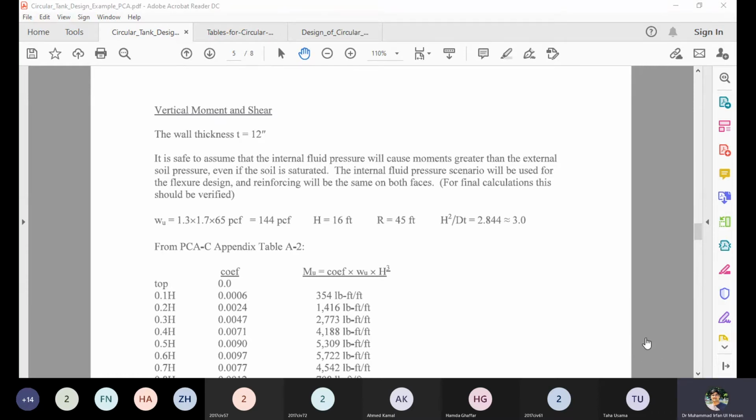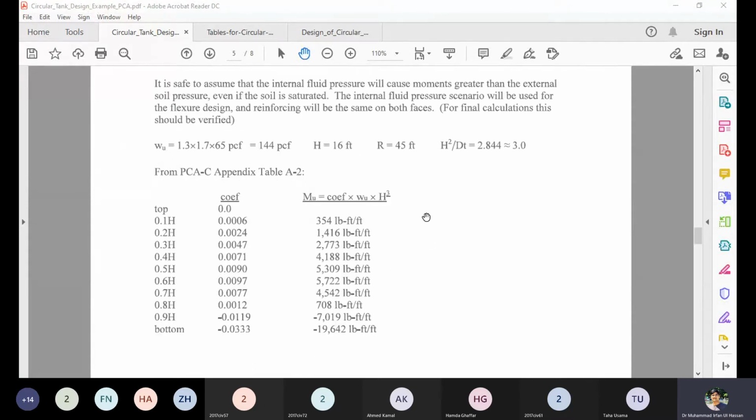So in this design of the moment and the shear, you can see that all the values are given, and we can compute the h square over dt. The coefficient is also seen from the tables.